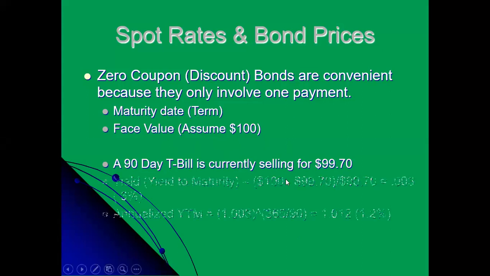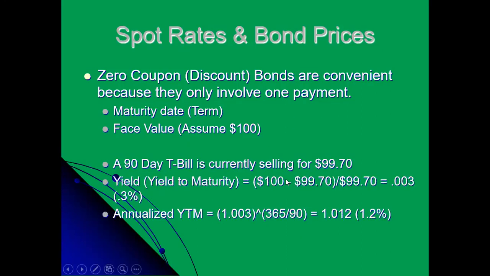And to continue, the yield to maturity, or the YTM, if we're going to convert that, is basically 100 minus 99.70. That is going to result to 0.30 divided by 99.70 equals 0.003 or 0.3%.